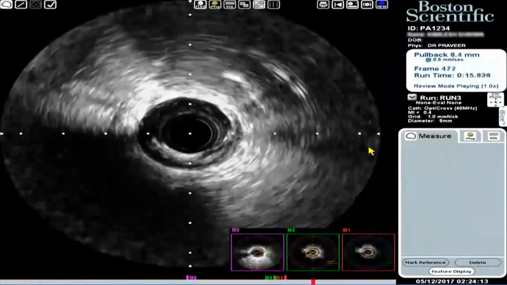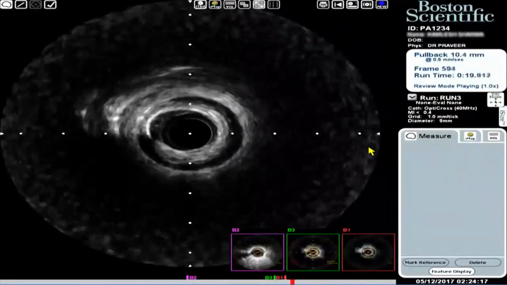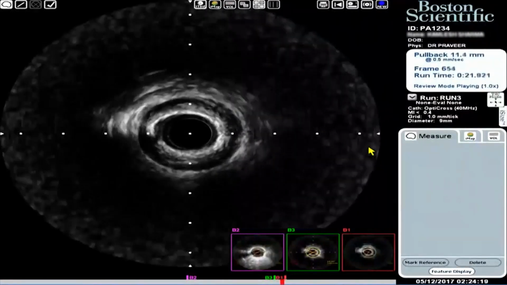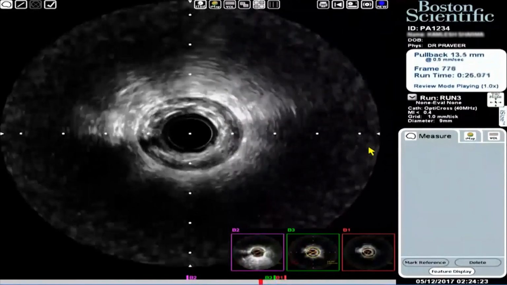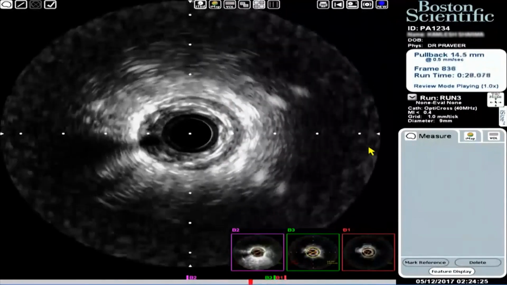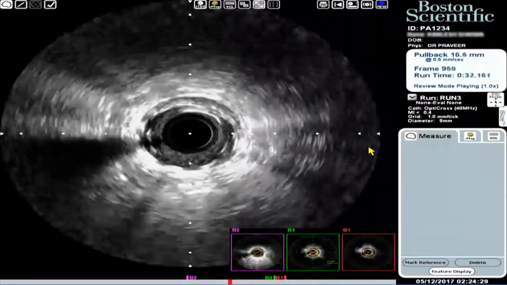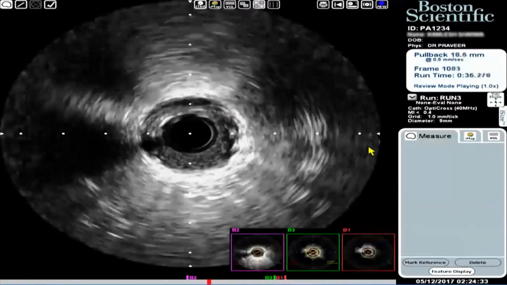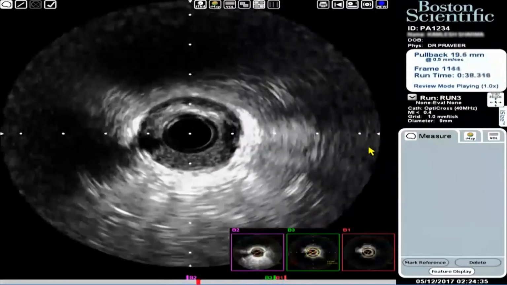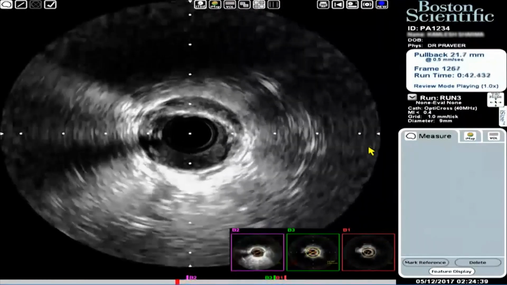It's grossly underdeployed, underdilated, and there's a lot of fibrosis around. So this is the old stent that we are seeing. And now you can see two struts, like two layers of stent, and both are underexpanded. The vessel is a reasonable size, about 2.5.